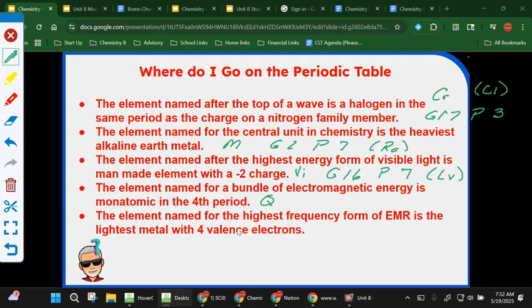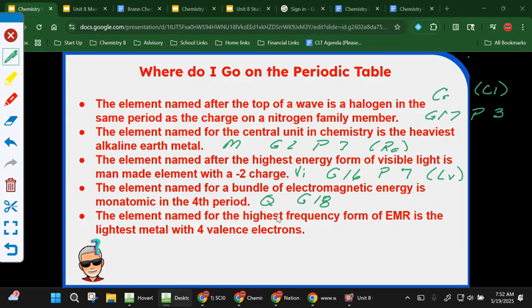Okay, what does monoatomic mean, ladies and gentlemen? One atom. That gets us into what period or what group? Period 18? There is no period 18. Group 18. Monatomic means that it is a noble gas. It is one atom. It is unreactive. And that was on the pink sheet that we gave you on Friday.